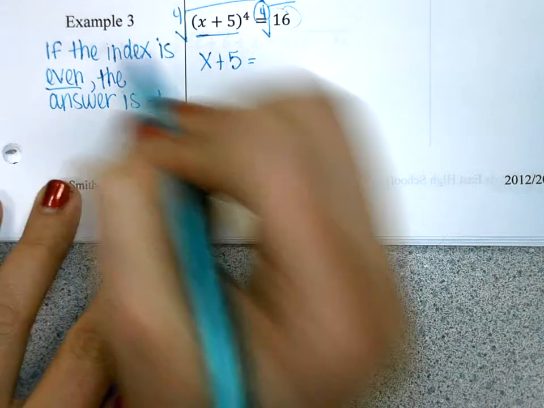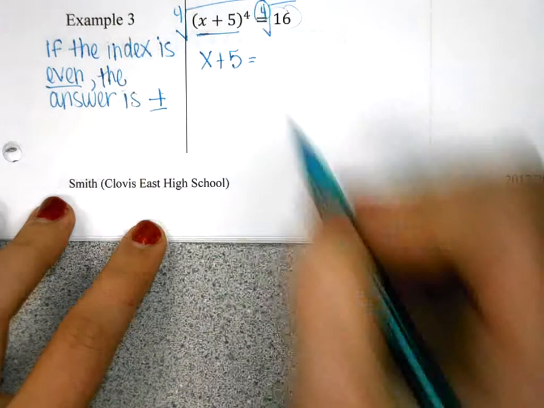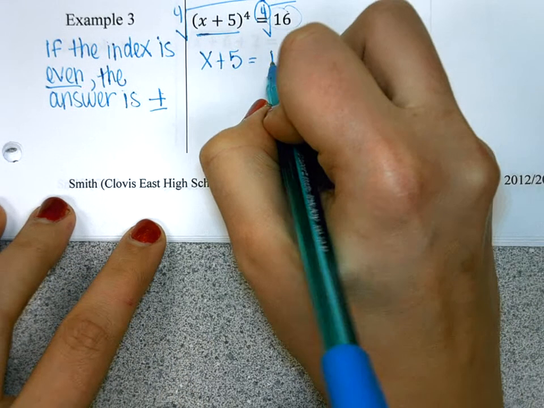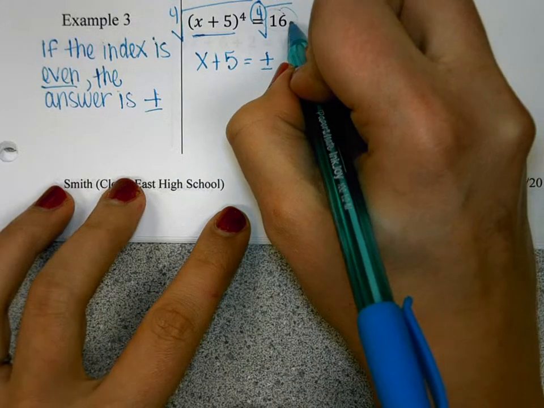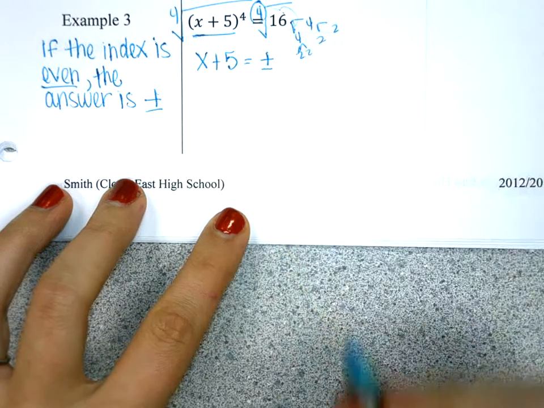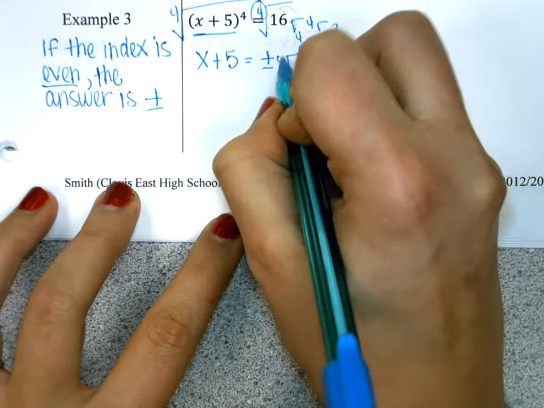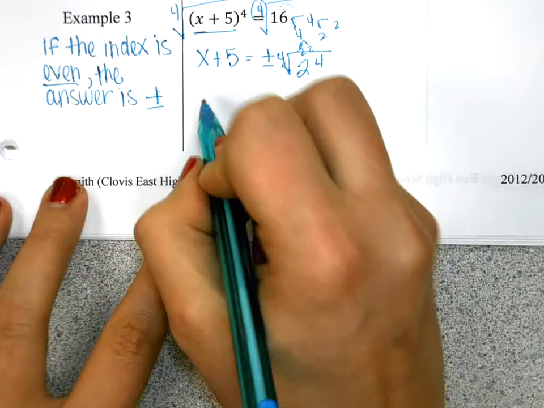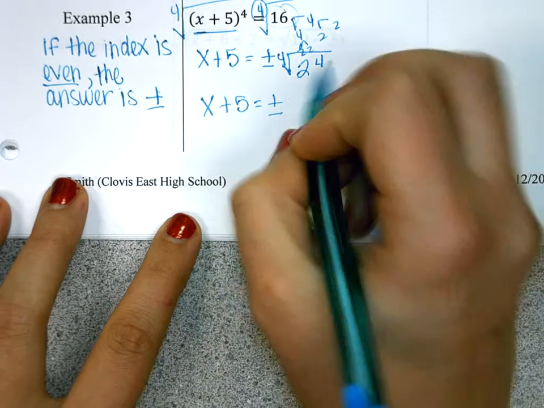So only if the index is even do you have to still worry about your answer being plus or minus. So this is actually going to be plus or minus, and then 16 breaks down to 4 and 4, and each of those break down to 2 and 2. So this is plus or minus the 4th root of 2 to the 4th power. So we get x + 5 equals plus or minus 2.